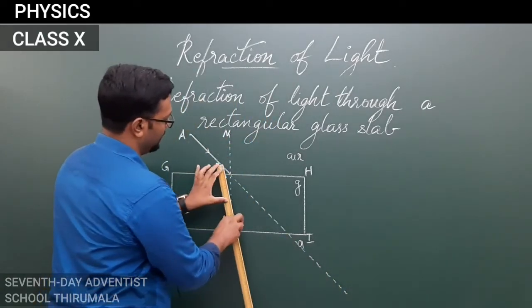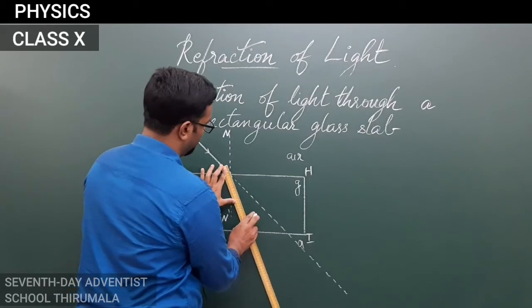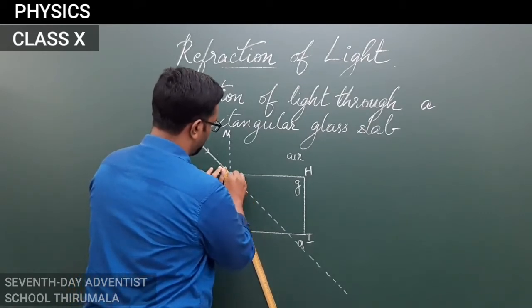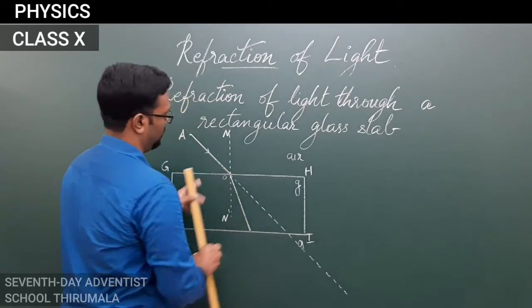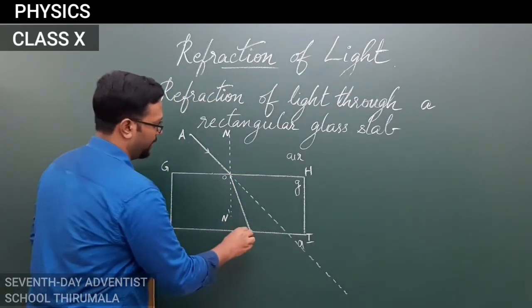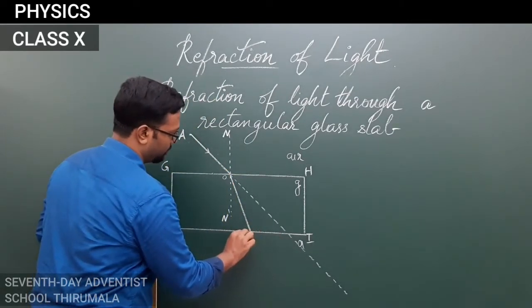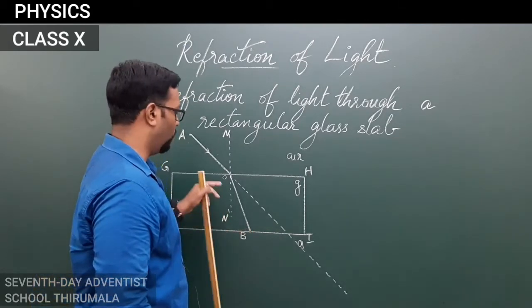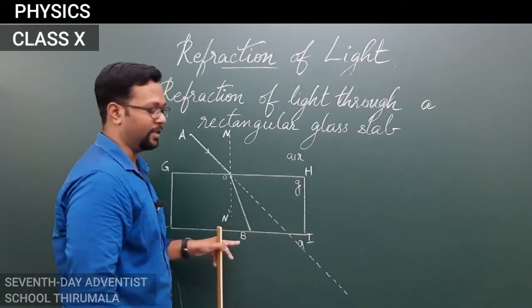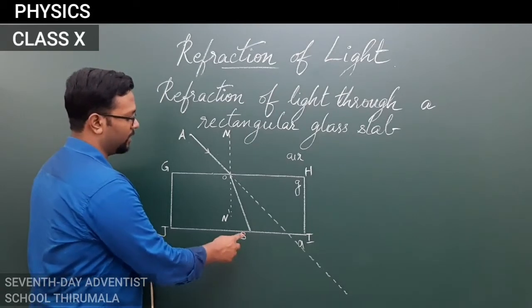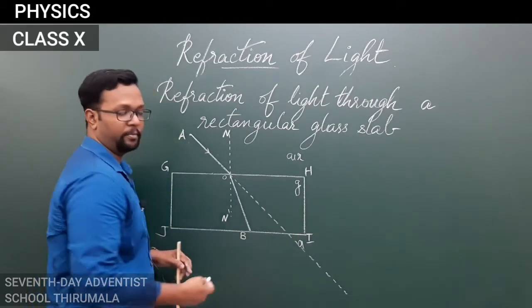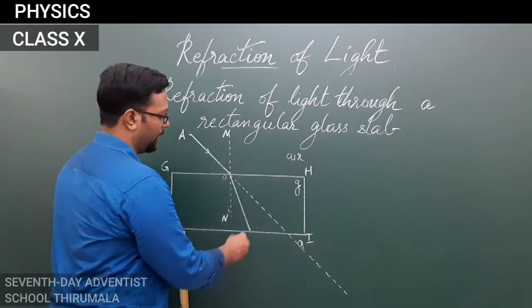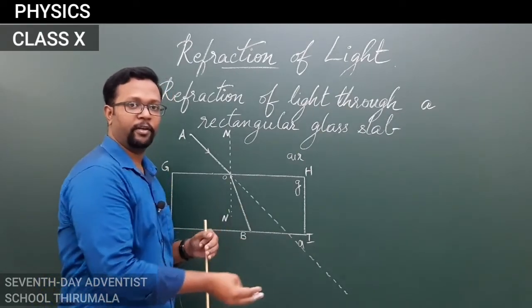But here at this point it will be deflected towards the normal and reach the next surface here. So let this be point B. What happens to the light ray at point B? Remember, now the light ray is traveling from the denser medium glass to a rarer medium air. So the light ray should bend away from the normal.